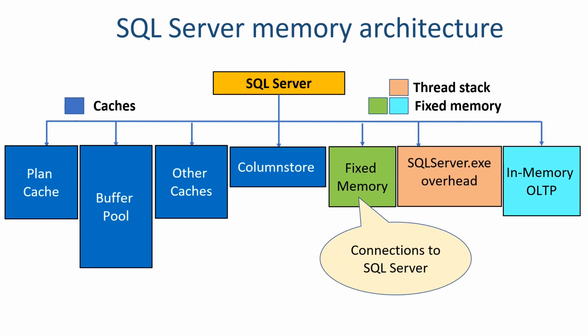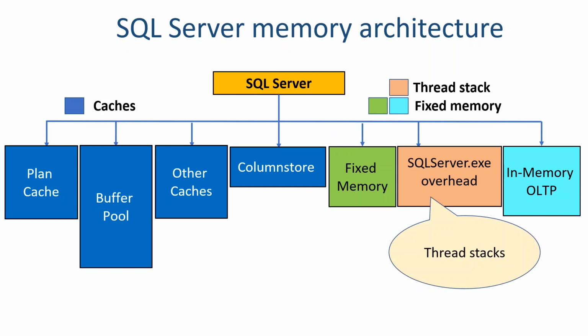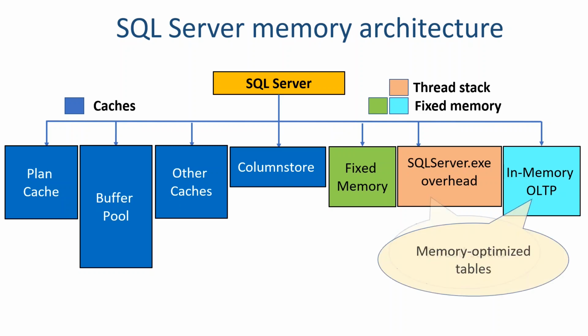There is also another type of memory known as SQL Server.exe overhead memory. As you know, SQLServer.exe is an executable, and many things will be running under this executable, like for example, the thread stacks. Even this component will come under the memory architecture of SQL Server. Now there is another type of memory known as in-memory OLTP.